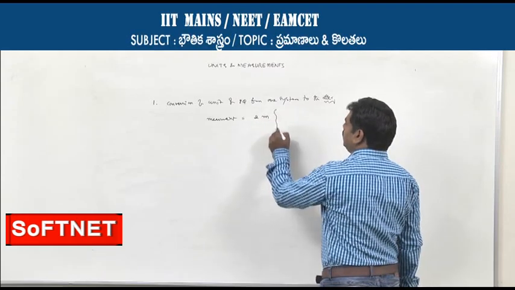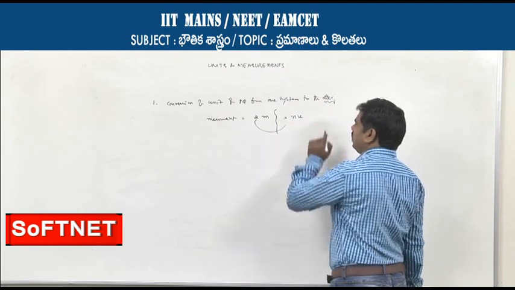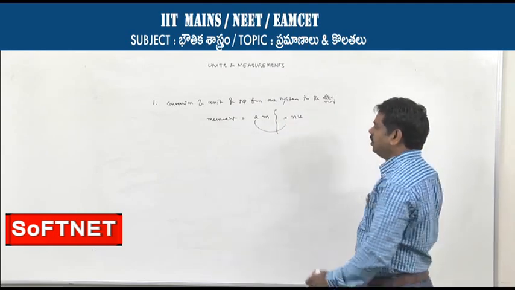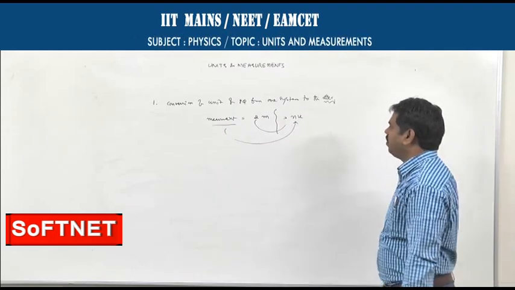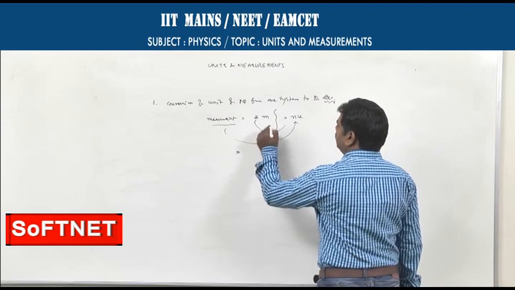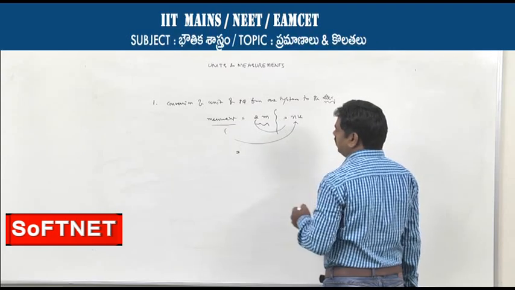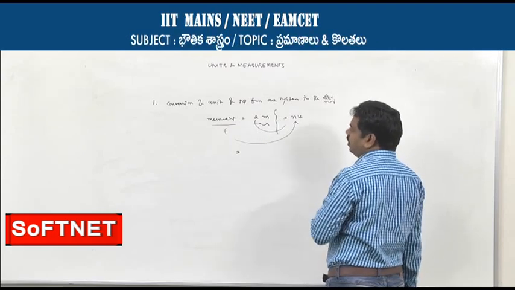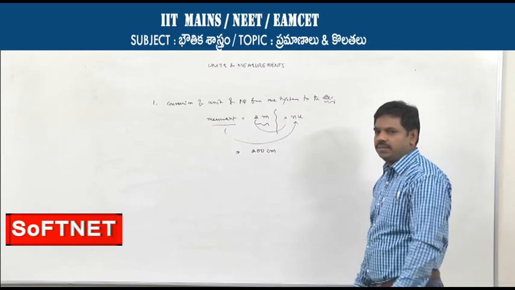That means in this measurement you will get one numerical value along with the unit, n into u. So a measurement must always have this. N is the numerical value and u is the unit. I can express the same 2 meter measurement in another system, that is the CGS system. 1 meter is equal to 100 centimeters, so you will get 200 centimeters.